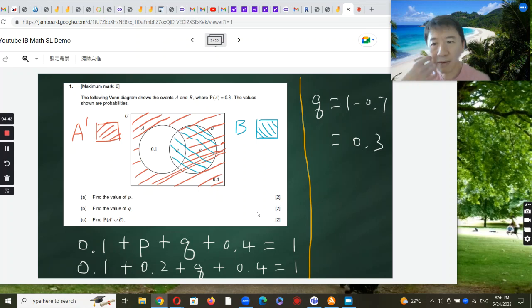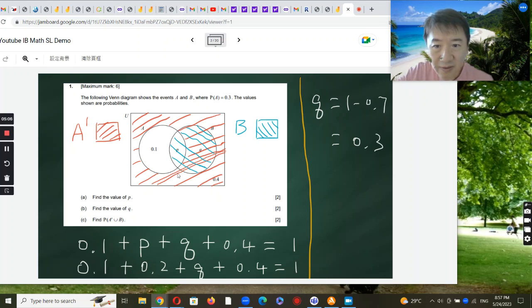All right, now the last part, C. Find the probability of A complement union B. So we're going to do some shaded regions. We're going to shade the region A complement, the complement of A, using a red line. So I shaded this with the red line.